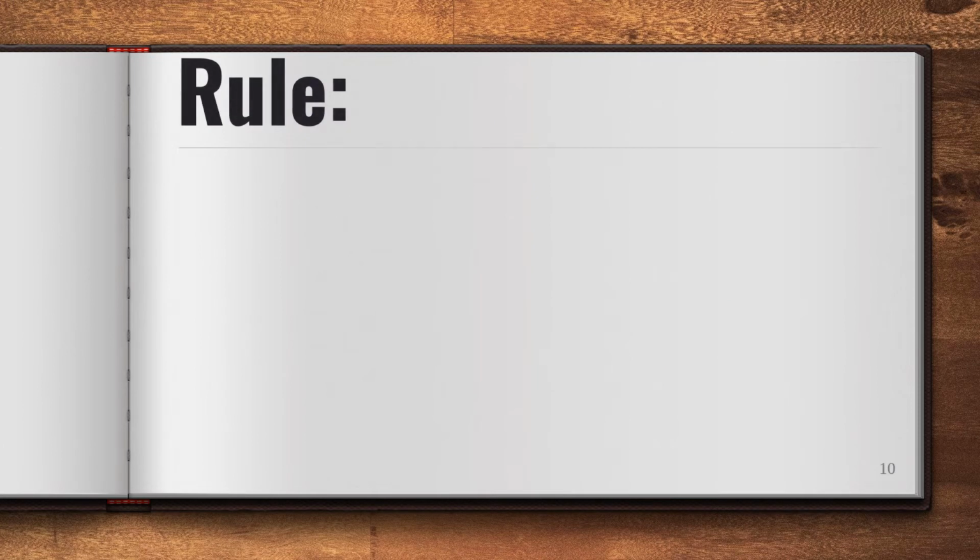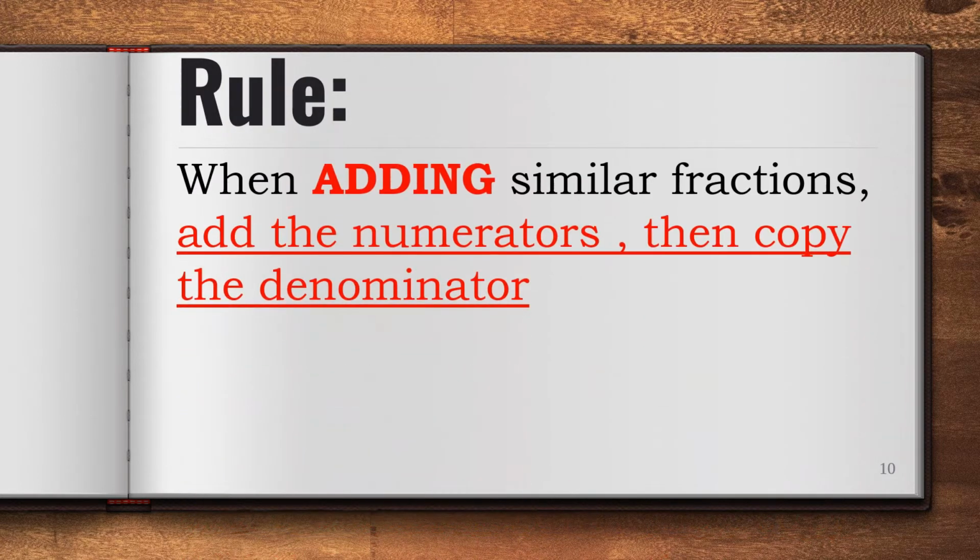So here is the rule when we are adding or subtracting similar fractions. When adding similar fractions, all you have to do is add the numerators, then copy the denominator. Again, add the numerators, then copy the denominator.